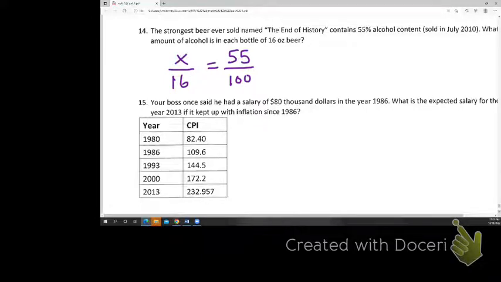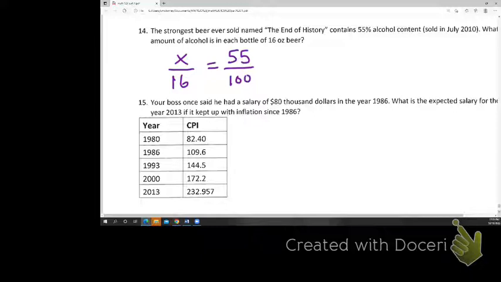If you put it the other way, you're going to come up with something more than 16 ounces. You can't have more than 16 ounces of alcohol in a bottle that's 16. And now, our reasonable test should say this should be more than 8 ounces, because 50% would be half. So I just look at it as the 100 is the percentage that we need.